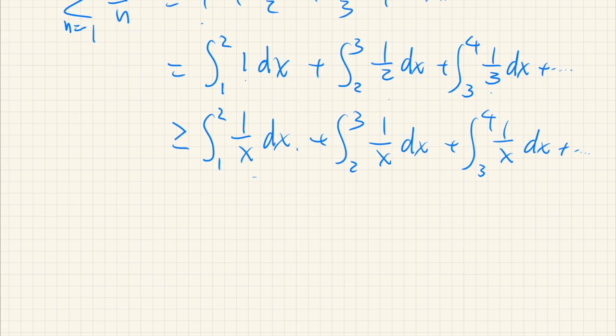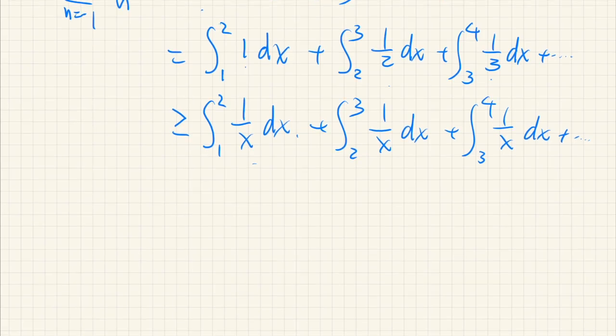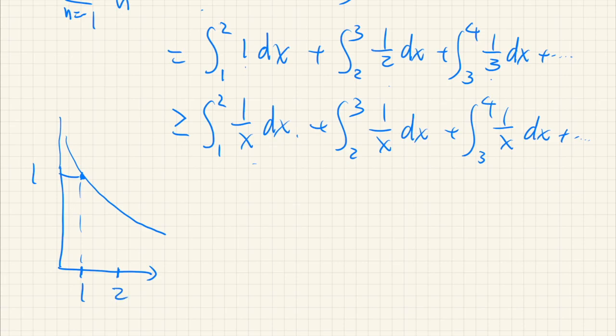This is the case because if you plot the graph of this function, say from 1 to 2, it is a monotone decreasing function. When x is 1, the value of 1 over x is 1, and when x is 2, the value is 1 over 2.